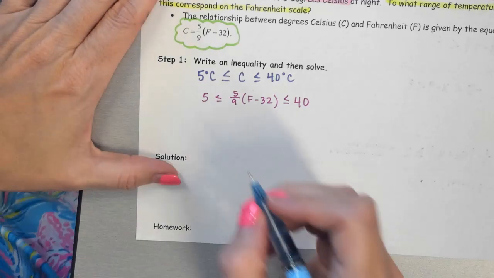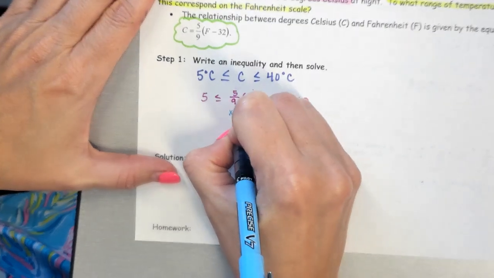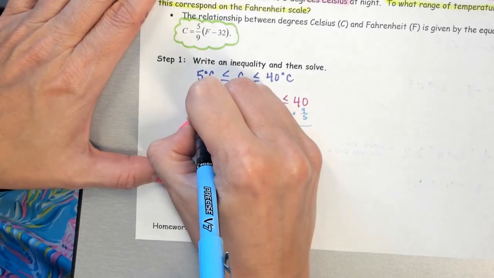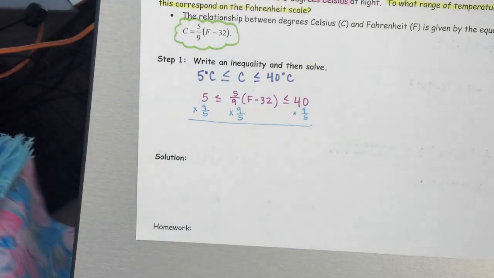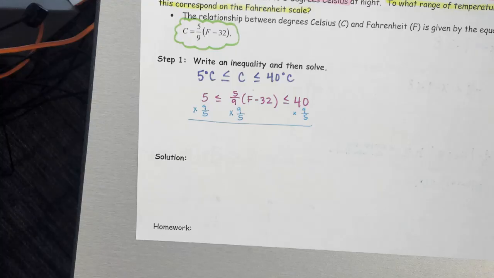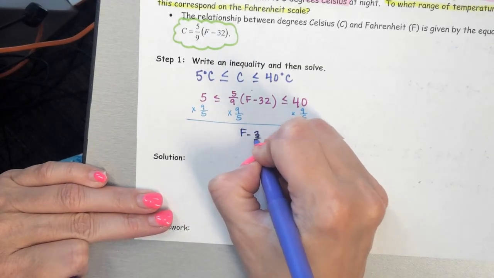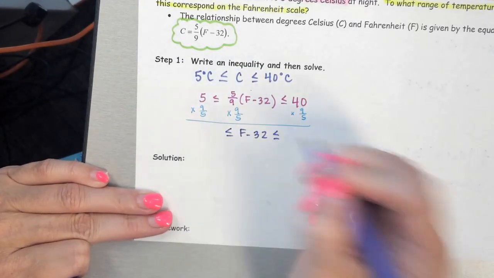Okay, and then so we're gonna multiply each side by 9/5 first. So can you guys do that without your calculator? Okay, so when you are doing that here, those are going to cancel and you just get f minus 32 in the center.